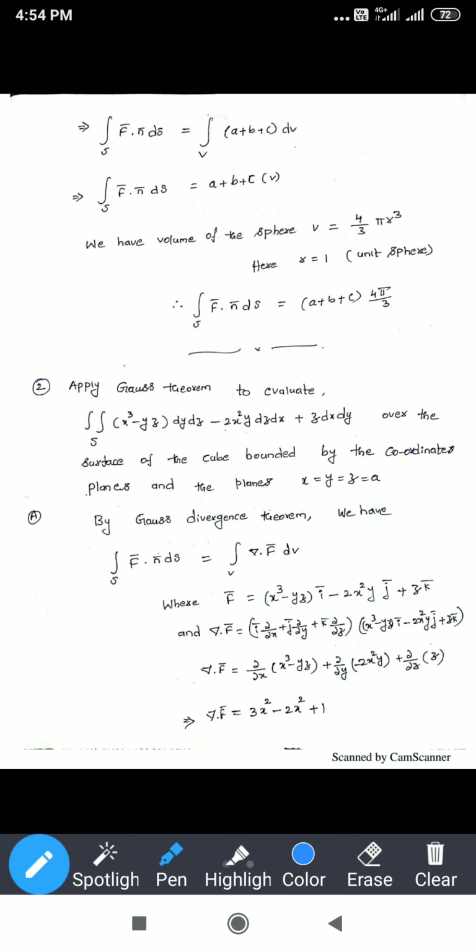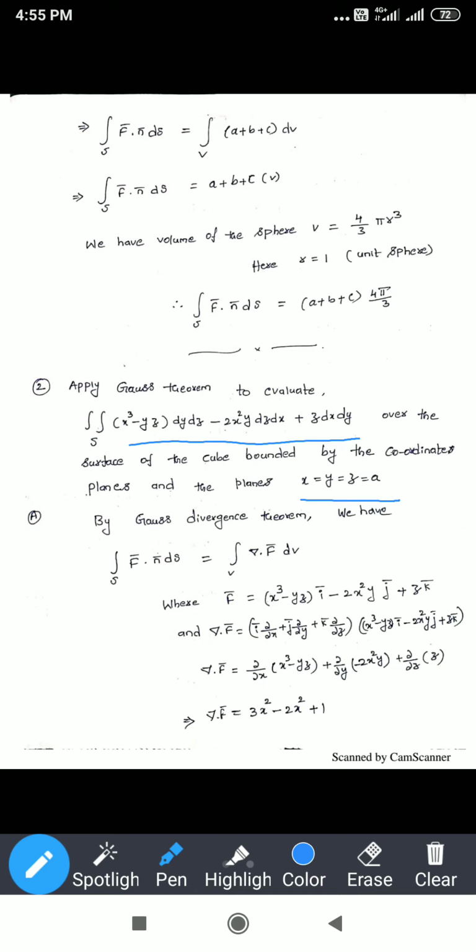Next question. Apply the Gauss divergence theorem to evaluate the double integral of (x cube minus yz) dy dz minus 2x square y dz dx plus z dx dy over the surface of the cube bounded by the coordinate planes and the planes x equal to y equal to z equal to a.